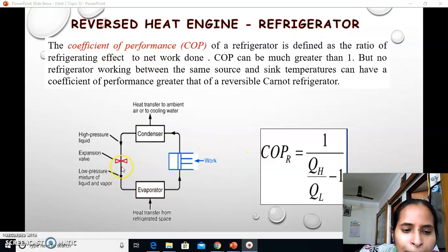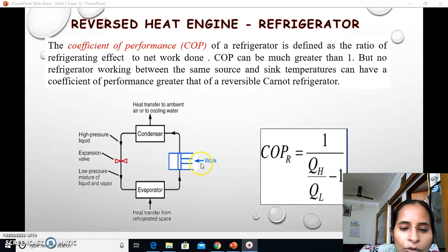Here you can see the evaporator, the place where you keep your apples, flowers, ice creams, anything which always has to be kept at a temperature lower than the atmospheric temperature. Here is the expansion valve, and the condenser is the set of small thin tubes you can see at the outside of the refrigerator.